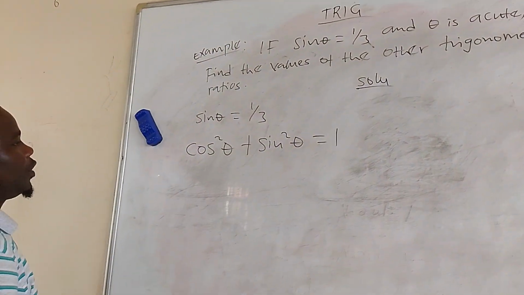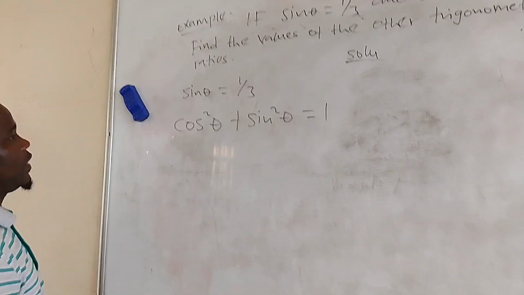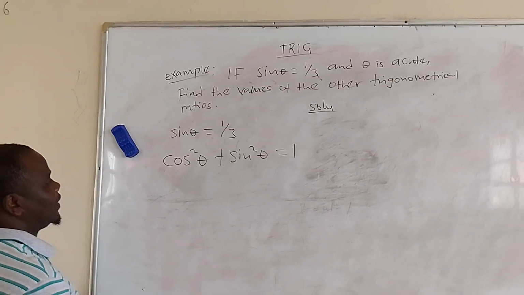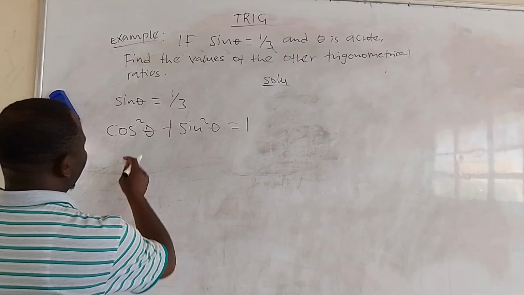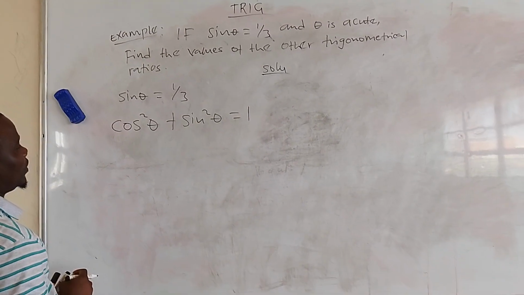How can we obtain our cos theta? Let us use this identity to obtain our cos theta. It means we are going to make cos square theta the subject of the formula.